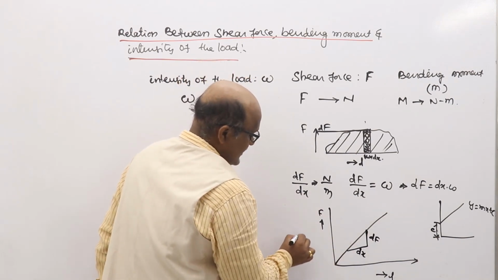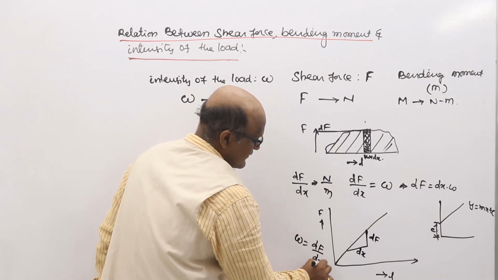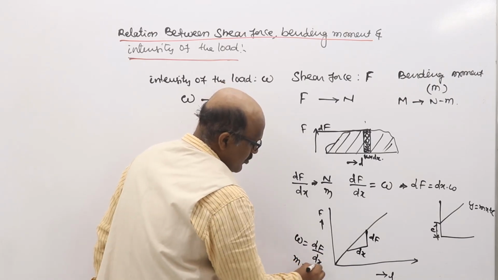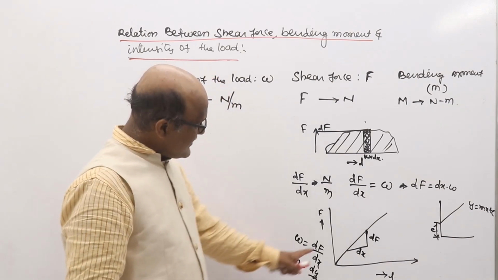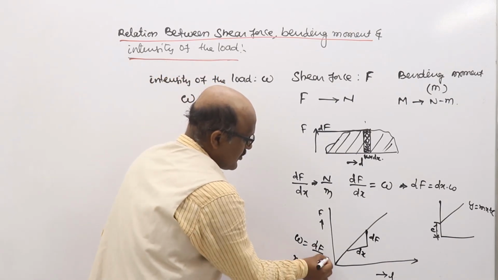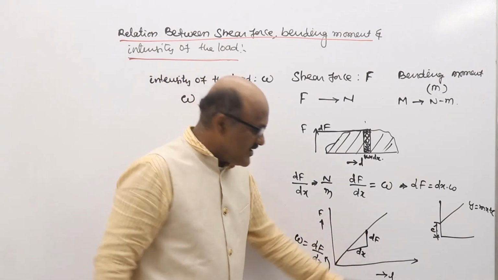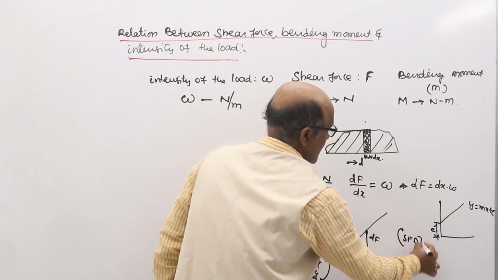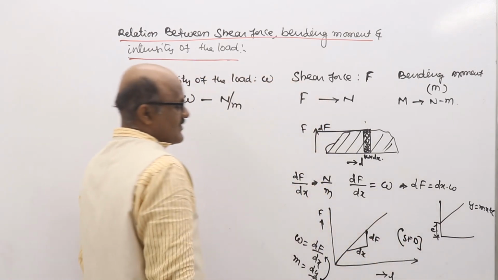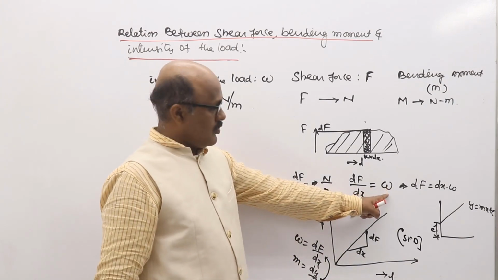Here W is equal to dF by dx, that is m is equal to dy by dx. So the slope of the shear force diagram is called intensity of the load.